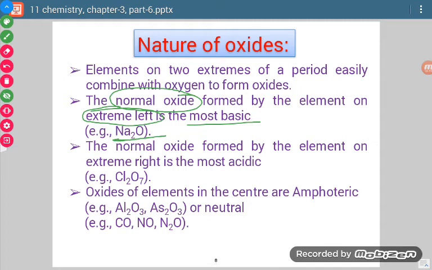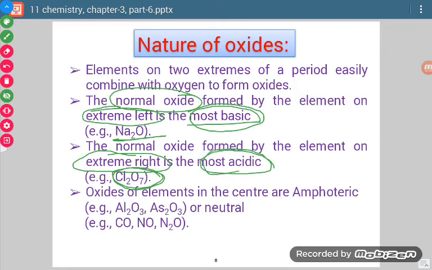They show more metallic property, so they are oxides of metals, and oxides of metals are basic in nature. Similarly, the elements on the extreme right, at the end of the period, when combined with oxygen form non-metallic oxides, and those non-metallic oxides show acidic nature.